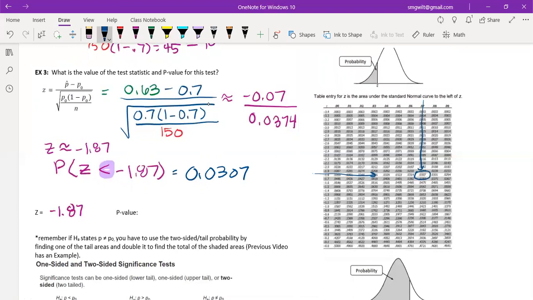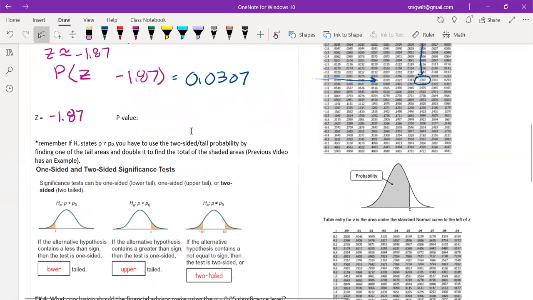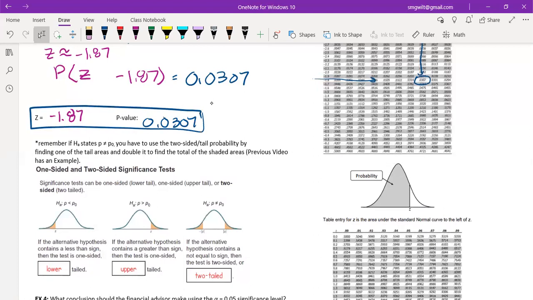If for some reason this was greater than, remember that I would have to do 1 minus that number to find my p-value. Or I would look up positive 1.87, so you have 2 options there. And again, if it was two-sided, I would always look up the negative and then double that number. Okay, so the p-value is 0.0307. So those are the 2 answers for this second part of the example.